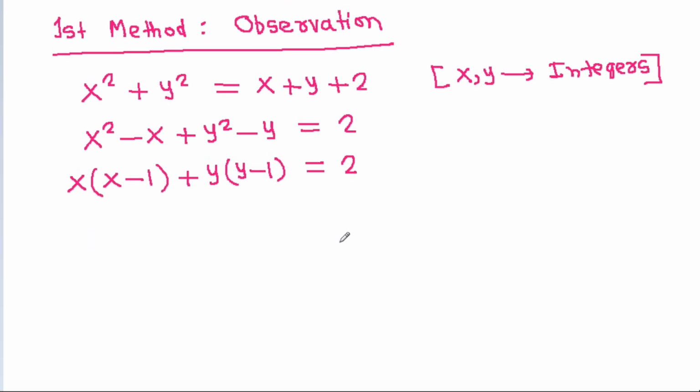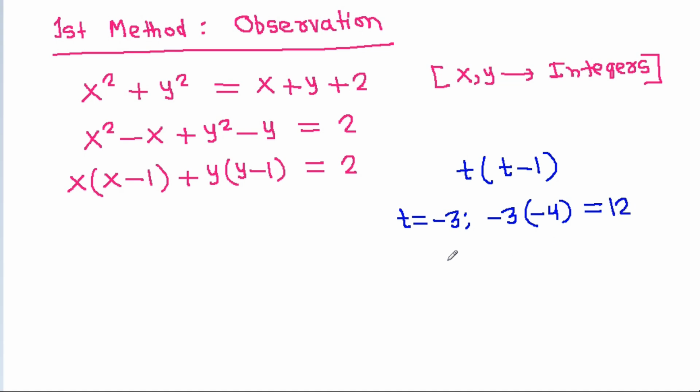And what can be t times t minus 1? If we check at t is equal to minus 3, then it is minus 3 times minus 4, that is 12.